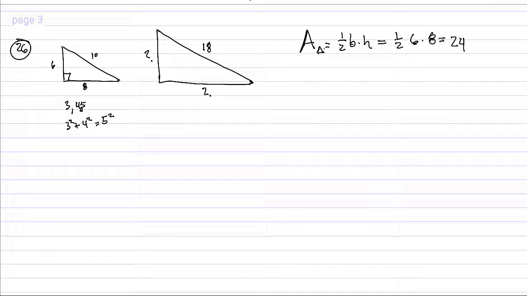So we know that's 3x and 4x. It was 18 squared, or actually, that's more complicated than it needs to be. We're just going to delete that.